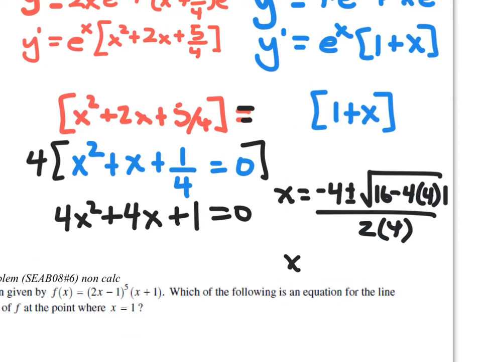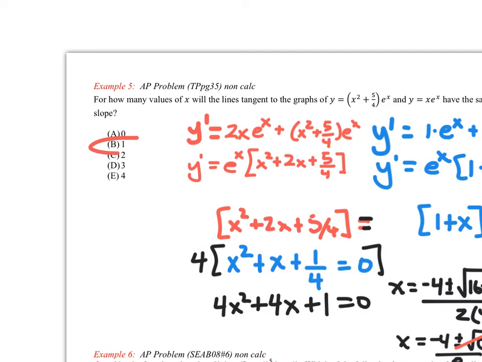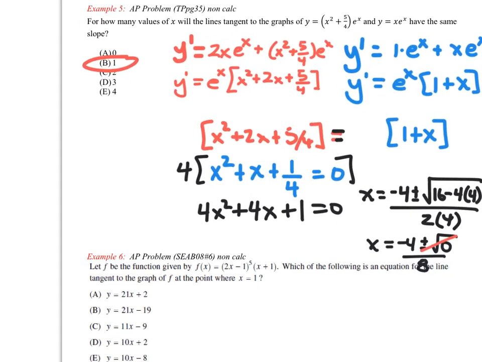So let's see here, that'd be negative 4 plus or minus the square root of 0 over 8. Well, the fact that this is 0 means there'll only be one solution at x equals negative 1/2. So it looks like B, one place. They will have the same slope.